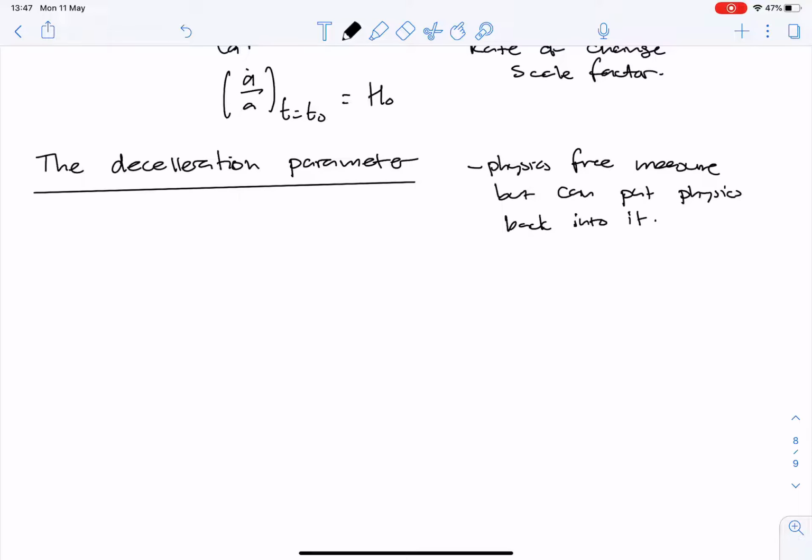And so the principle is, what if I expand the scale factor around the current point?